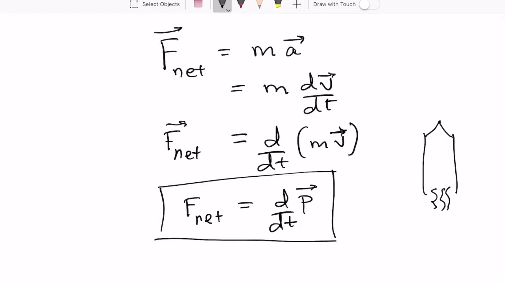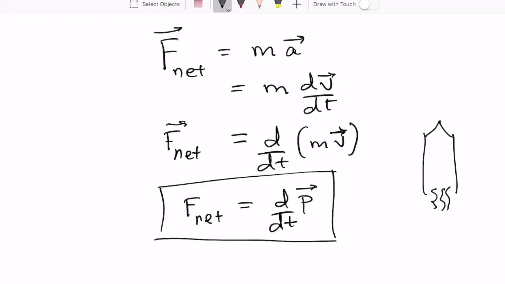So in problems like this where the mass is not constant, you can still apply Newton's second law in the form F net is equal to dp/dt. And incidentally, this is the form in which Newton himself presented his second law. F net equals ma is a sort of simplified version of that for cases where the mass is constant.